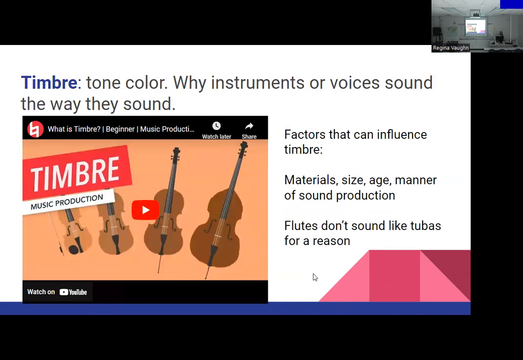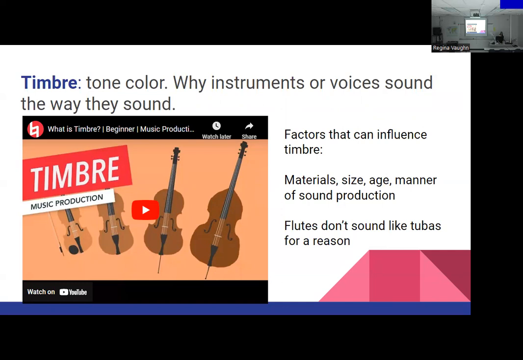Timbre is tone color. Timbre is why instruments or voices sound the way they sound. Lots of factors can influence timbre: the materials an instrument is made from, the size of the instrument, the age of the instrument or the voice, and the manner of sound production.